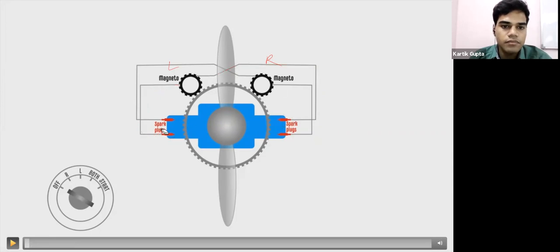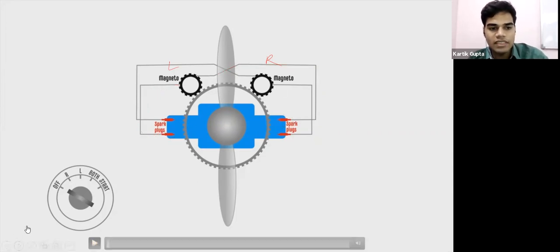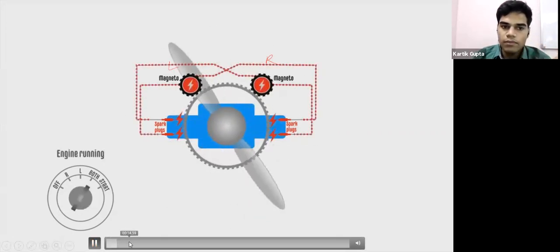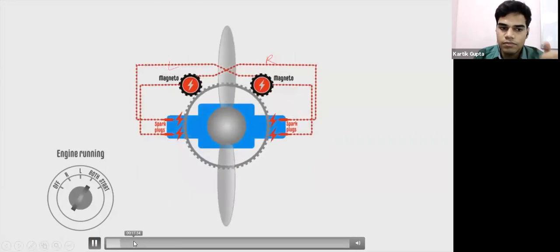Okay. Now let's continue. So let's see this cranking of the engine. See, off, both is when they're working. Fuel and air mixture is ignited by the spark plugs at a precise time in the four-stroke engine cycle.